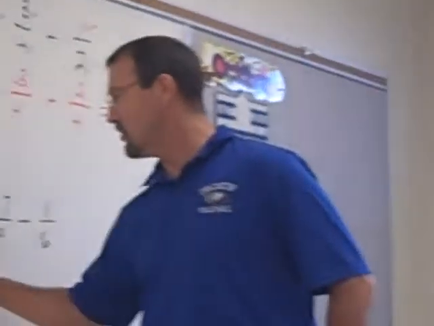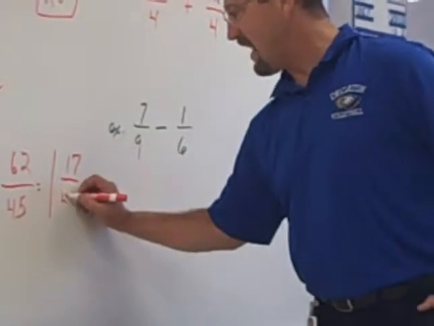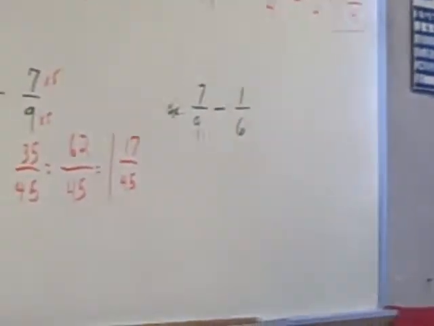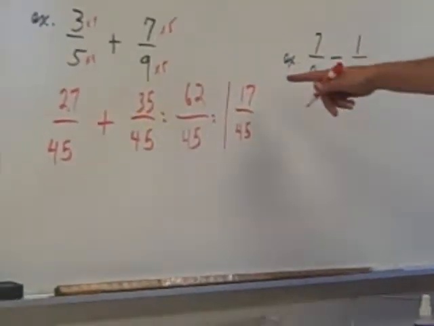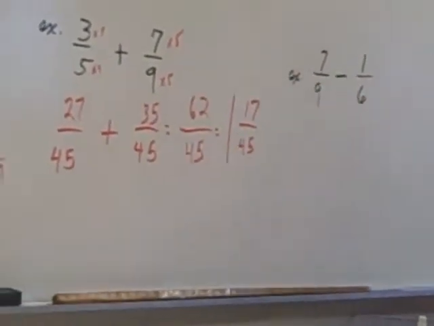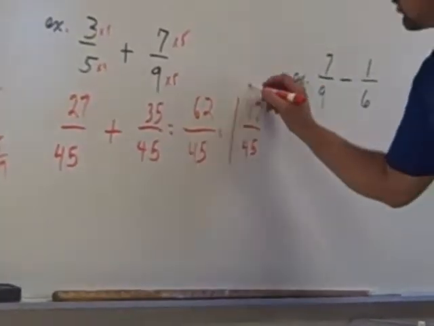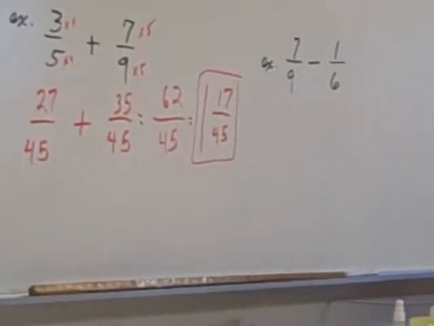Okay, so my numerator is 17, over 45. Now divide by? No, can't. The only things that will divide out of 17 are 17 and 1, but 1 doesn't help us, does it? So we'll just go with that right there. Yes? No? Yes.